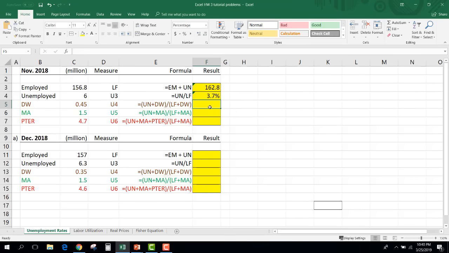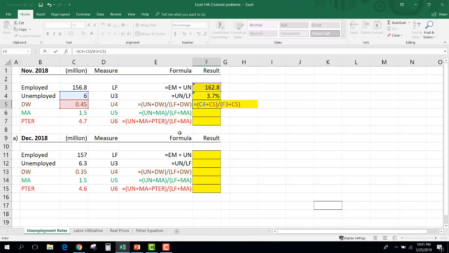Okay, and then my U4 unemployment rate is going to be, now I have to use brackets, my unemployed plus my discouraged workers divided by my labor force plus my discouraged workers.